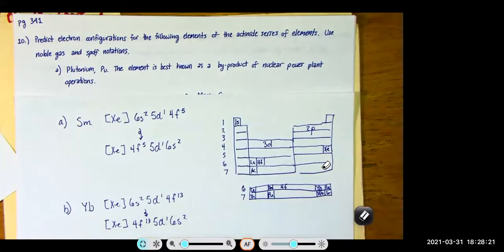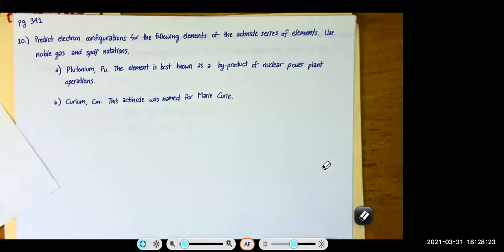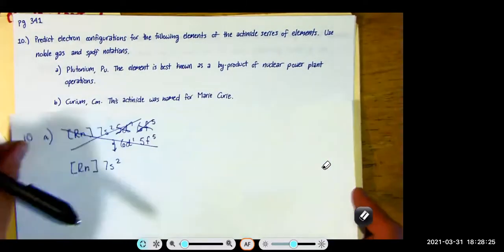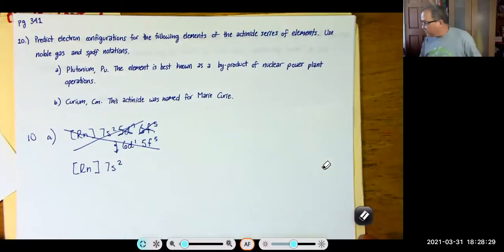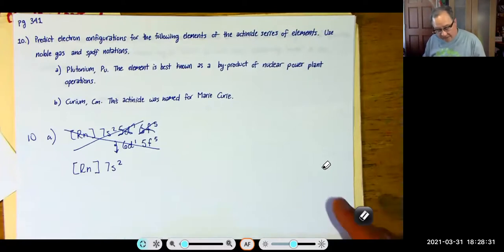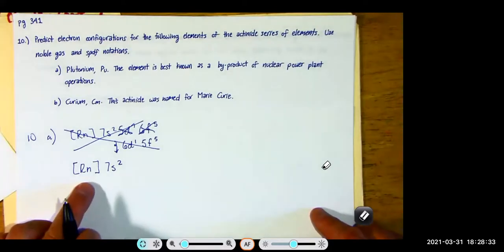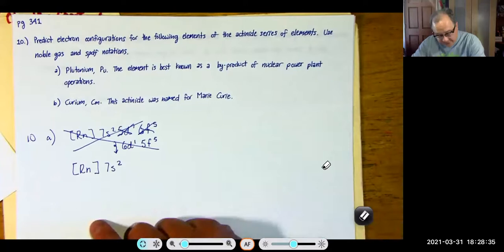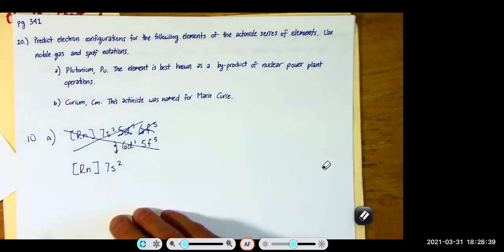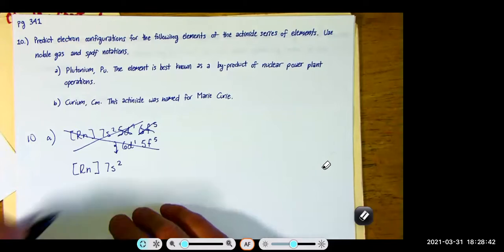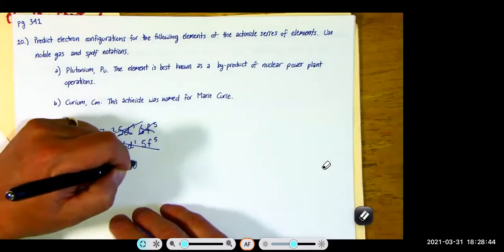So xenon for plutonium, it's xenon in brackets 7s2. Hold it. For plutonium, it's radon, right? Oh yeah, right on. Okay, 7s2 then. Then 6d1, good.